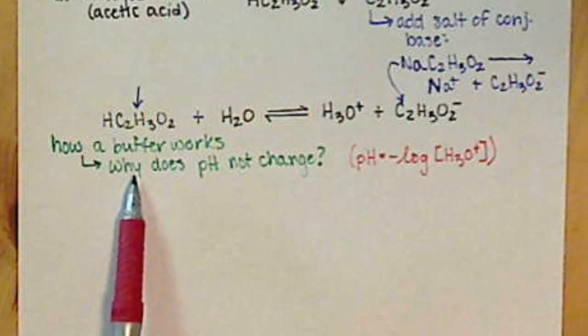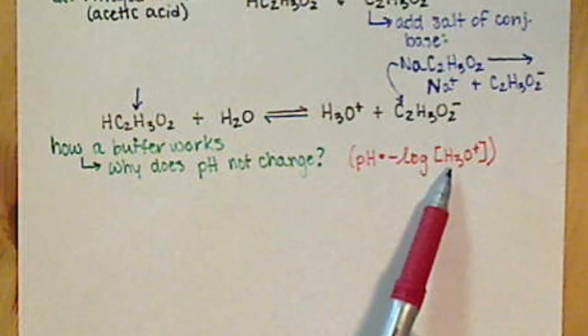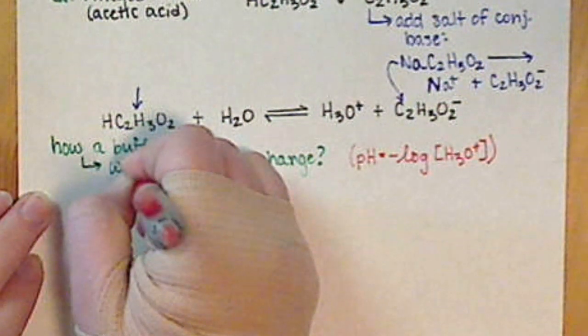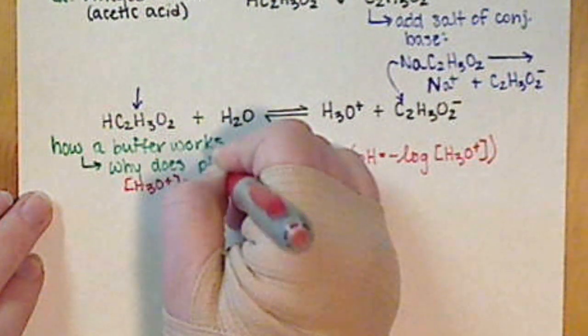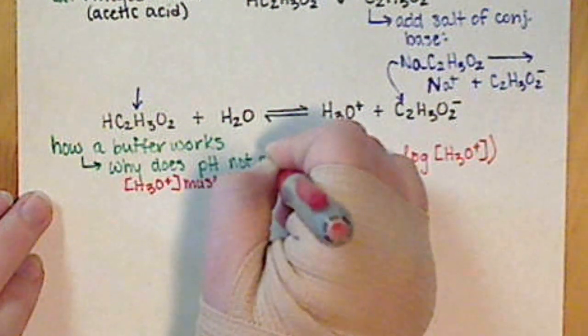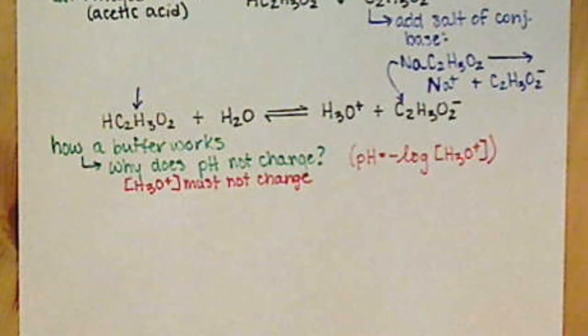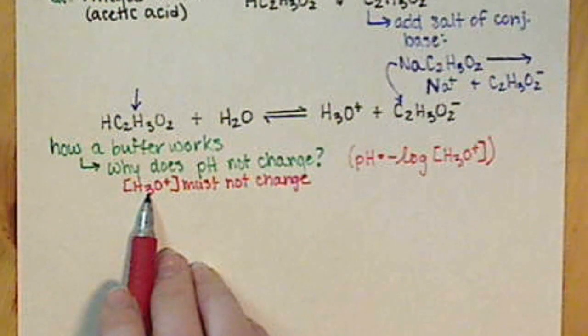In the case of this buffer, we don't want the pH to change, so the concentration of H3O plus does not change. That means that if we add an acid or a base to this buffer, we have to somehow absorb that acid or that base without changing our concentration of H3O plus.